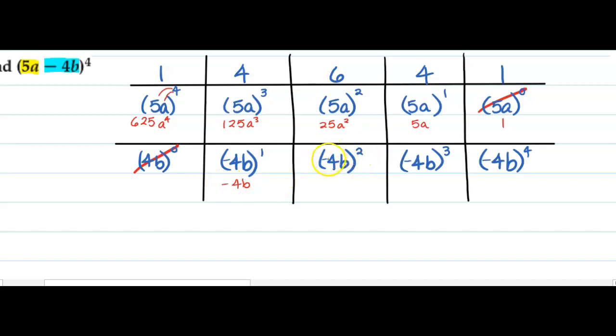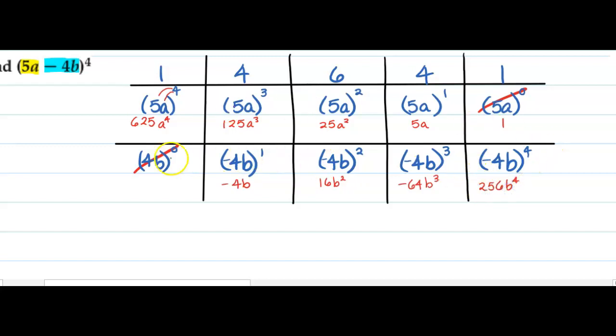We need to square negative 4 and get 16, and square b, get b squared. Cube negative 4 gives me negative 64. Cube the b. And finally, negative 4 to the 4th power gives me a positive 256, b to the 4th.